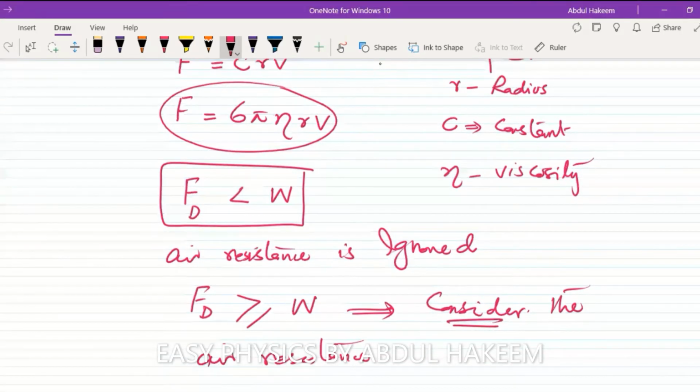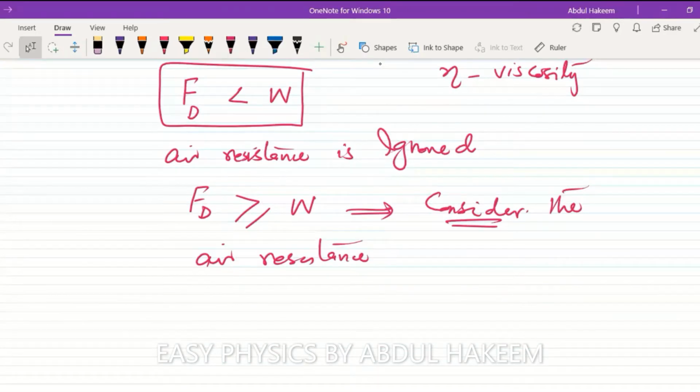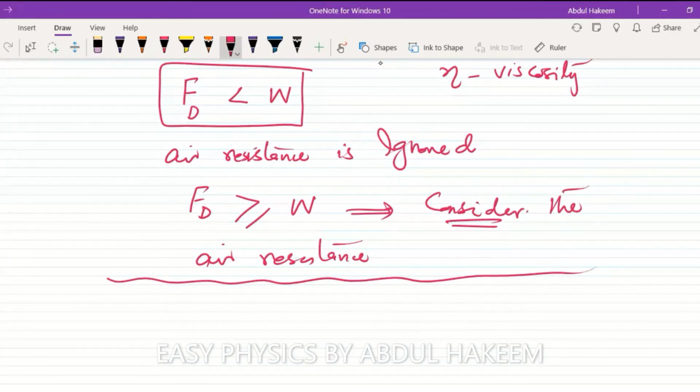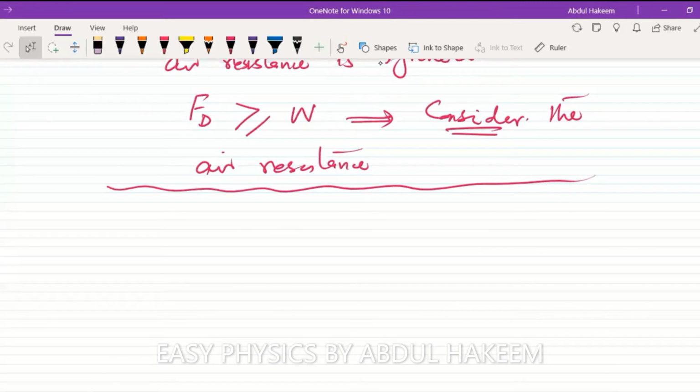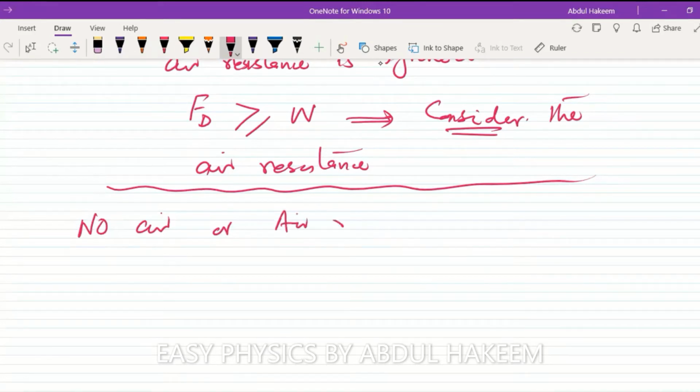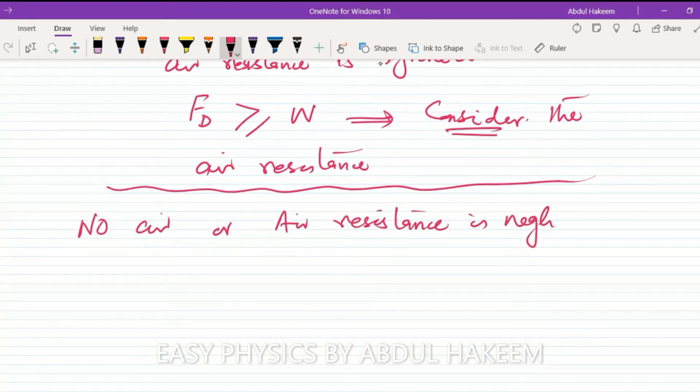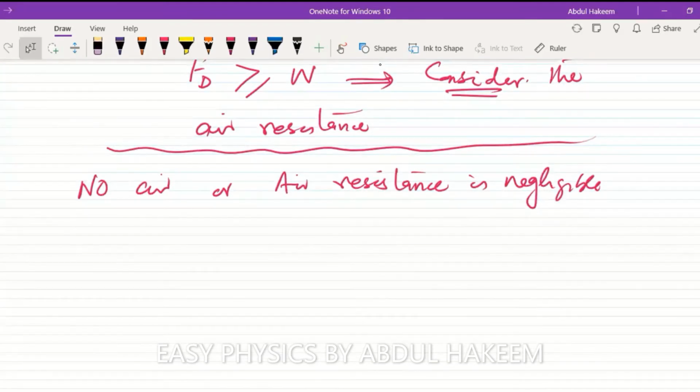Okay, now we start with negligible air resistance: either no air, vacuum, free space, or air resistance is negligible. Then the only force acting on the object during the fall is its weight.